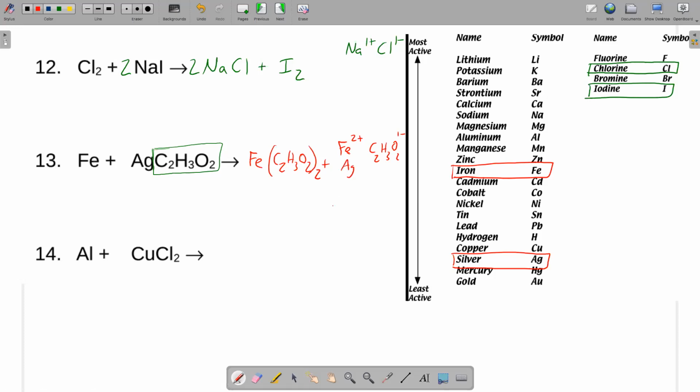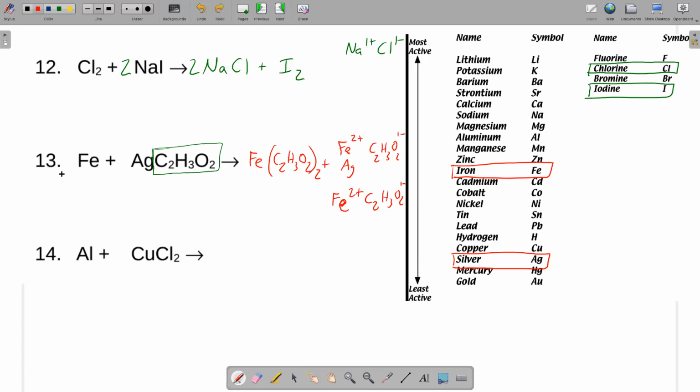Let me just move this thing. It was Fe2 plus and C2H3O2. That looks better. Because there's 2 acetates on the right, you've got to put a 2 in front of the iron acetate, and that makes the irons wrong. So you've got to have a 2 in front of the iron. Oh, wait, not that way.